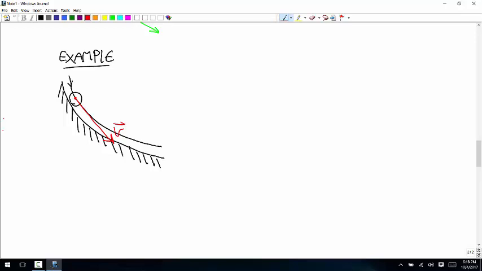If this is rolling down the hill under the influence of gravity, would it be slowing down or speeding up? Speeding up. And so the parallel part of the acceleration is in the same direction as that. Okay, so green is the parallel part of the acceleration.